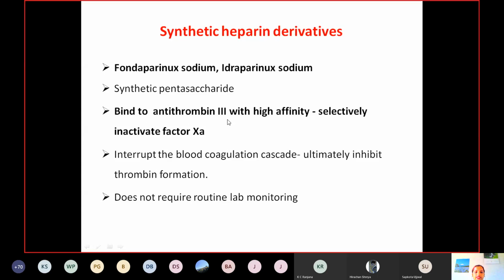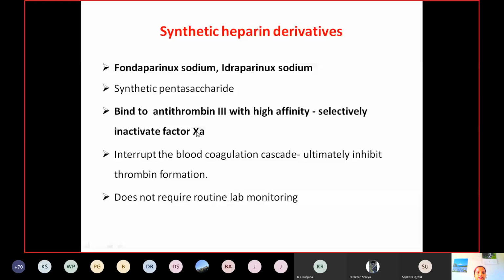It binds to antithrombin 3 with high affinity, which selectively inactivates factor 10A. Because it has a short chain, it inhibits factor 10 only. It has a high affinity with activated factor 10, thereby inhibiting its action and interrupting the blood coagulation cascade. And when it inhibits factor 10, ultimately it inhibits factor 2 also, no?